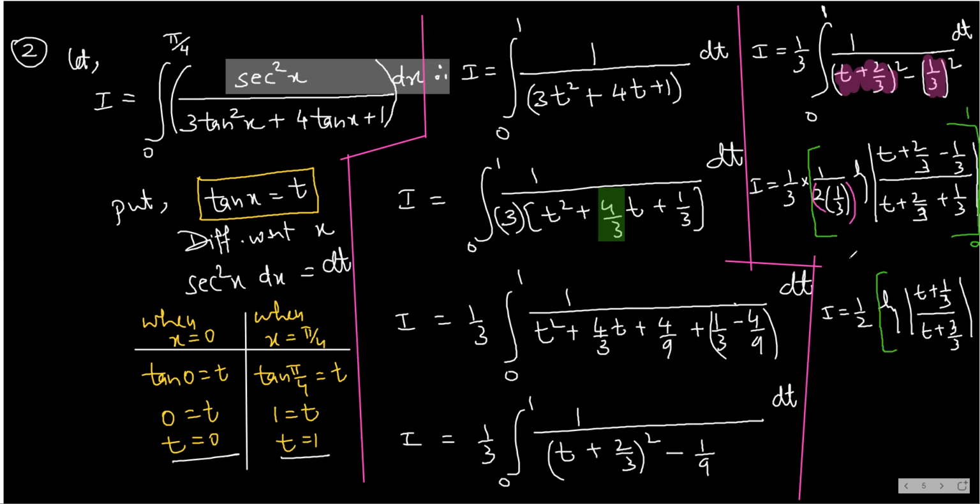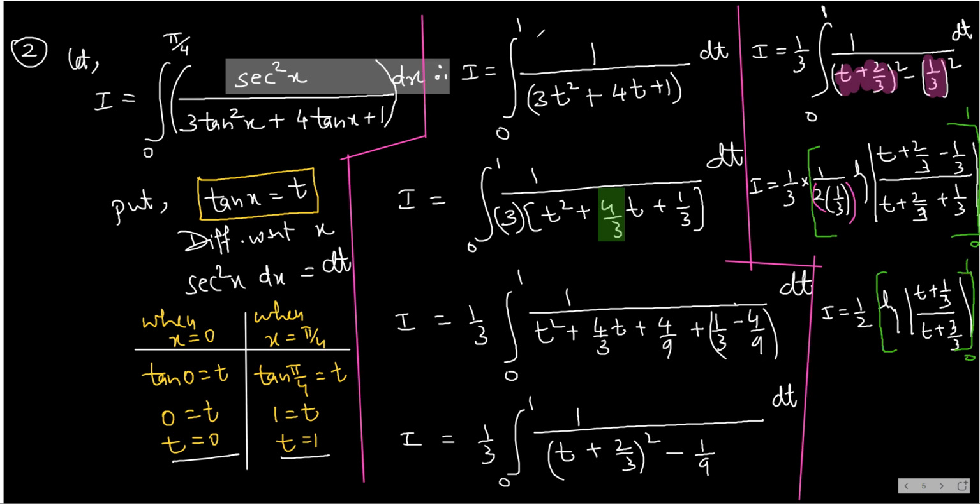This 1 by 2 is a constant, so no need to keep that inside the bracket. If you keep this 1 by 2 inside the bracket, still it will not make any difference, because when you are doing upper limit minus lower limit, this 1 by 2 will repeat in both the terms and hence it will come out. Now the next step is I write upper limit minus lower limit.